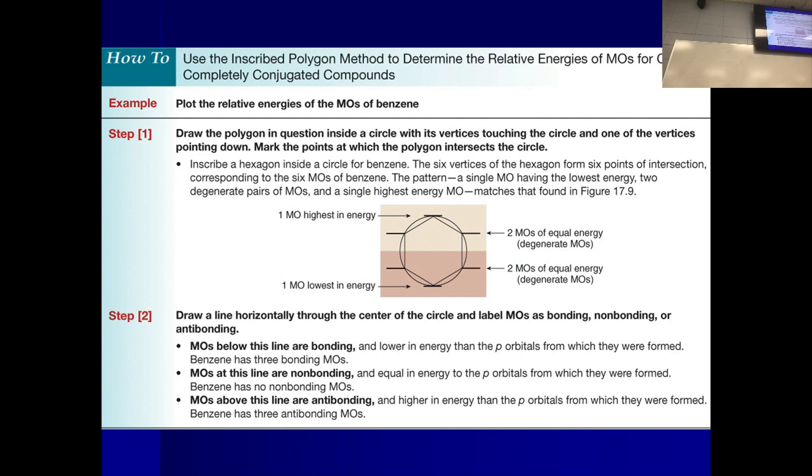All you have to do is be able to draw the shape of the molecule and draw a circle. Pretty simple. So the molecule of benzene is just a 6-membered ring, right? And if I draw a circle around benzene to where the circle touches each one of the carbon atoms, each one of these places that it touches becomes an orbital.